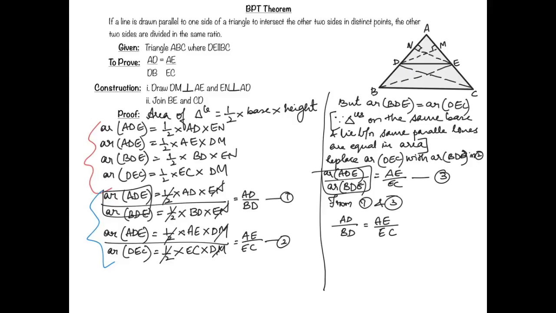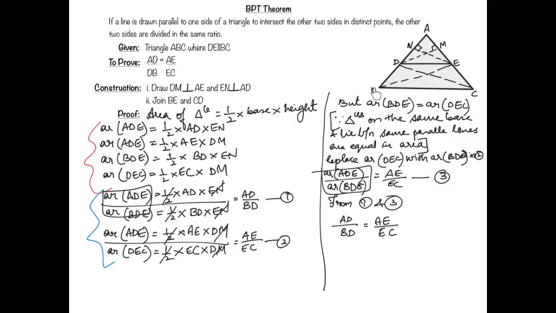Understood? So first we have listed down all the area of triangles, and then we have formed these area of triangles in a ratio manner, and then we have got results 1 and 2.